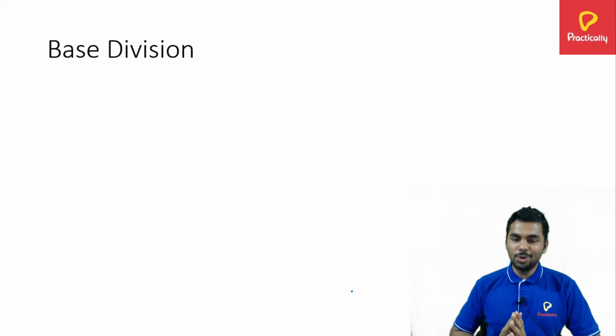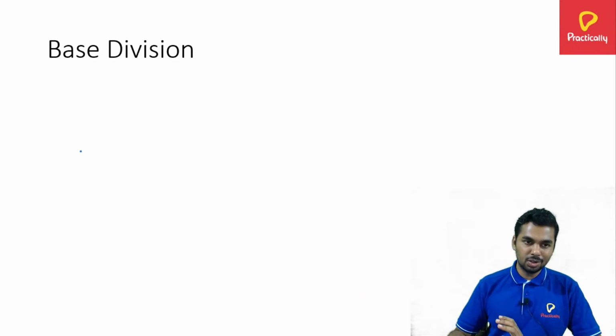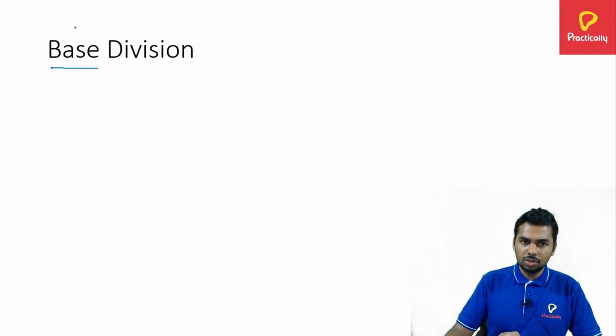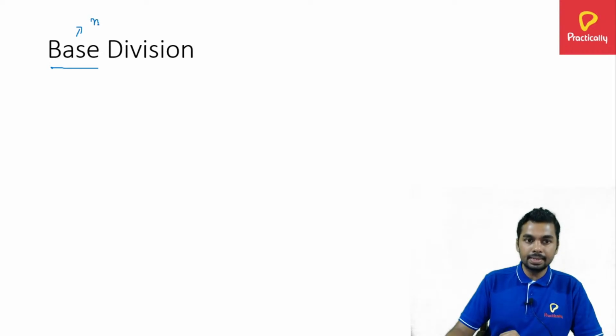So today we are going to do very simple rules for division, which is called base division. So we have already considered the term base in vertically and crosswise when we studied. So base is any number which is a multiple of 10. So the meaning of the word base is multiple of 10.